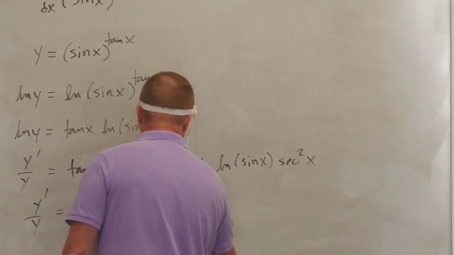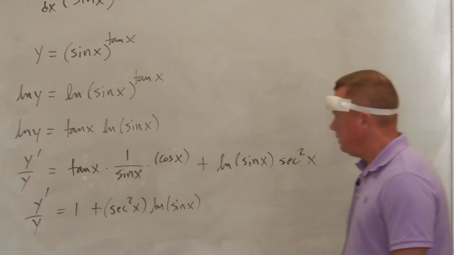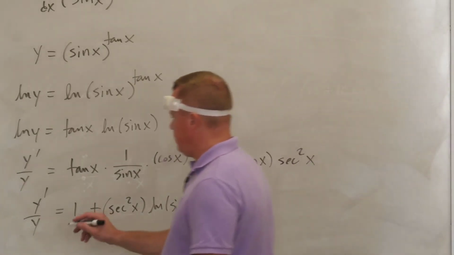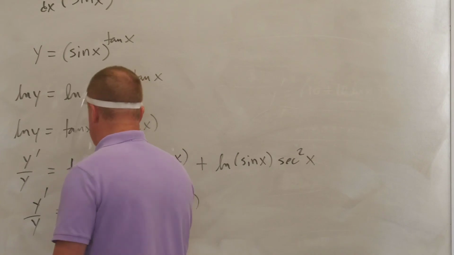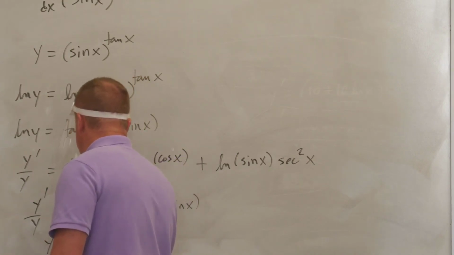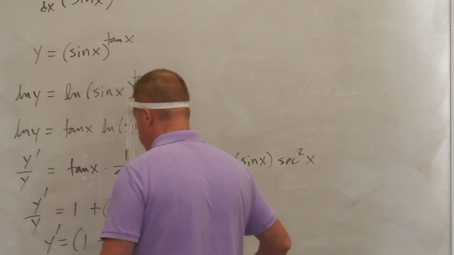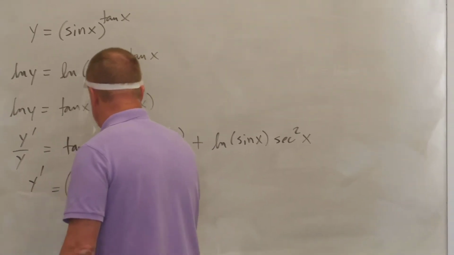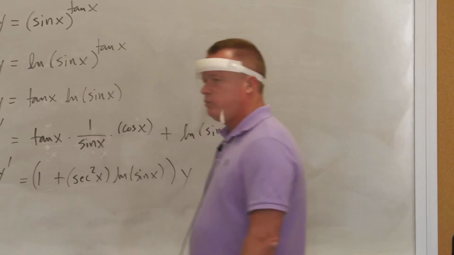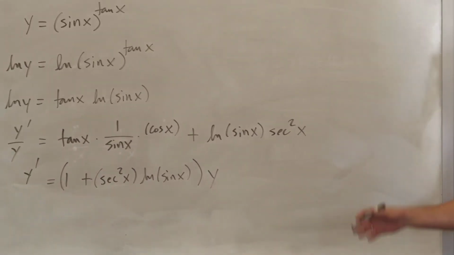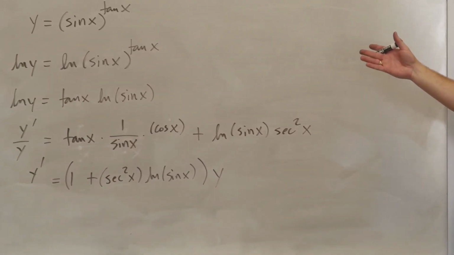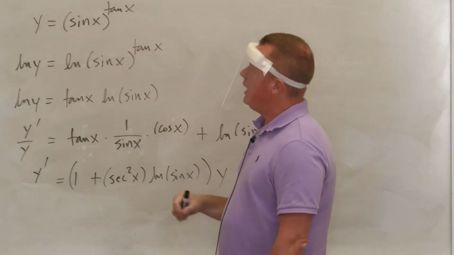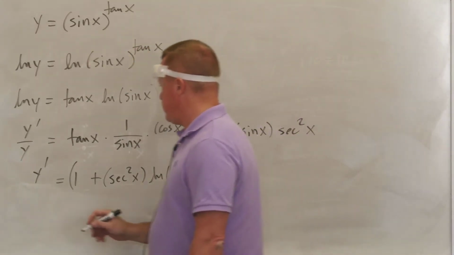ln sine x. Okay? Now, I got to do something with that y, so let's multiply both sides by y. So y prime is equal to 1 plus, I tell you what, let me go ahead and multiply it here. Have that times y, and again, y is given explicitly here, so let's just put that back in. y is sine x to the tangent x power.